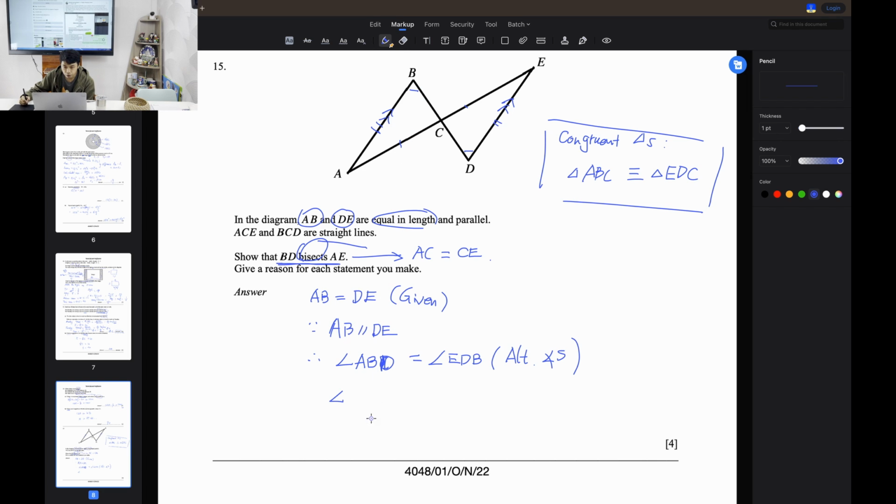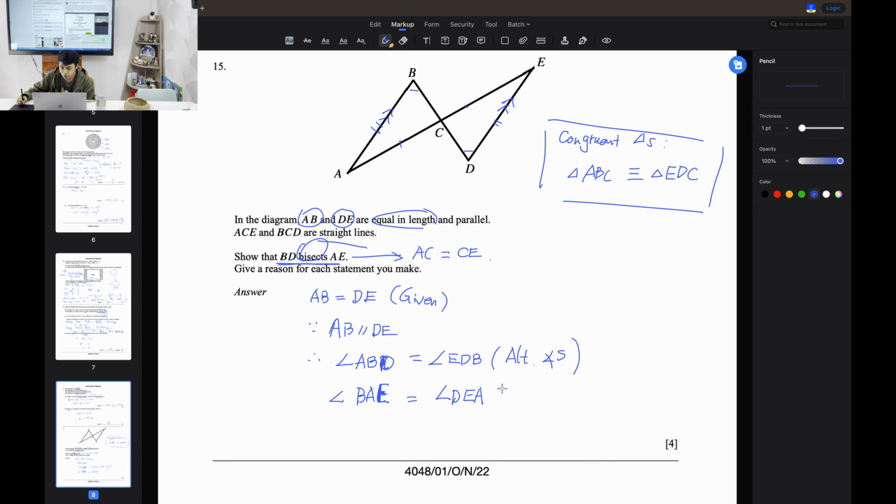Then same thing. Because of the parallel pairs, angle BAE equals angle DEA. Probably I should write E here. BAE is the same as DEA.